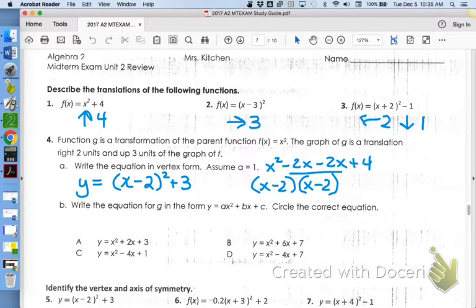We'll put these together and we'll get x squared minus 4x plus 4. And the last thing we have to do, oops, I didn't write it, we have to add a 3. So we're going to add 3 to 4 and get 7. So our equation will be letter D.